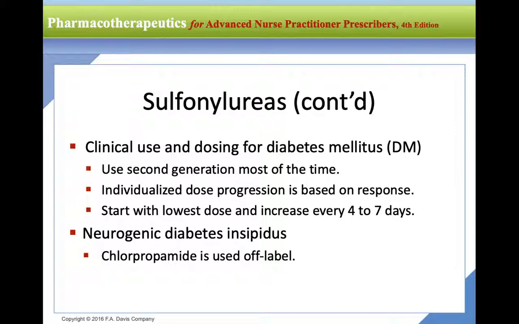With glipizide XL, let's say you're going to give 5 milligrams of XL a day. That's going to give you 80% of your response, whereas if you bumped it up to 10 milligrams, you're going to get a small increase in response, but a much larger increase in risk of adverse reactions. So it may not be beneficial to take it up to the full maximum dose.